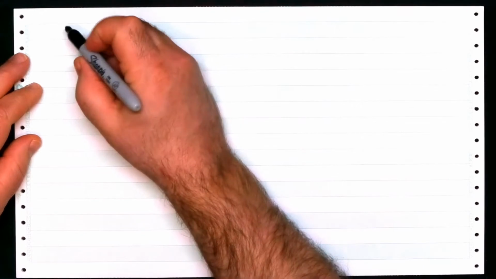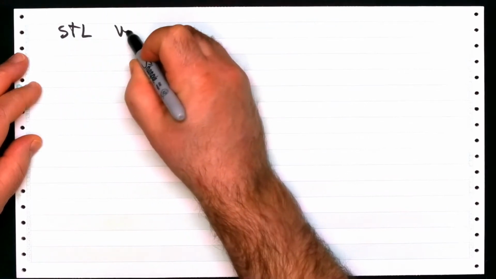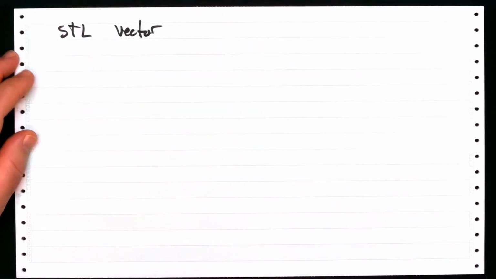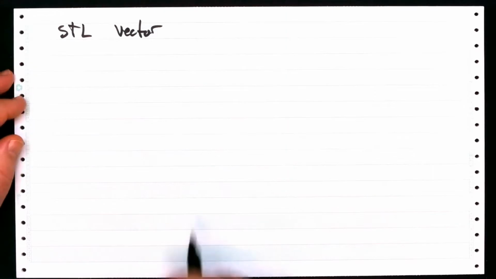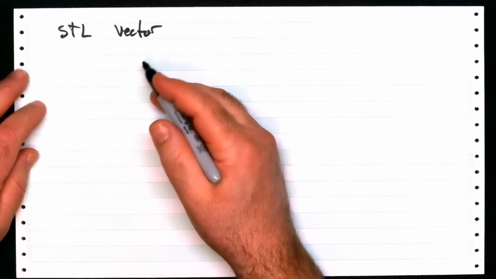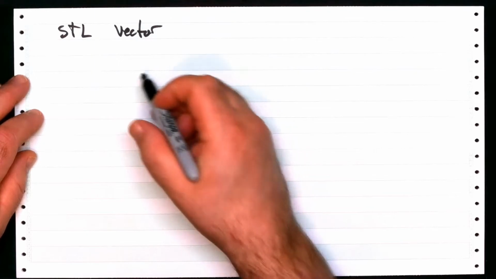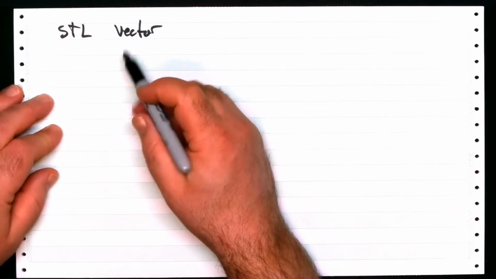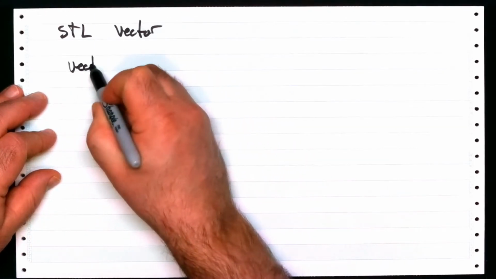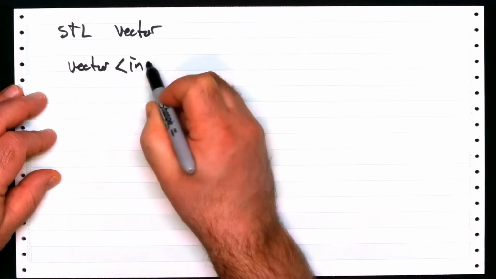So how do we use this thing? All right. Now, we can use it just like an array if we want to, but if we do that, we don't get the benefits of the bounds checking, right? So let's say I have a vector of an int, just like before, vi.